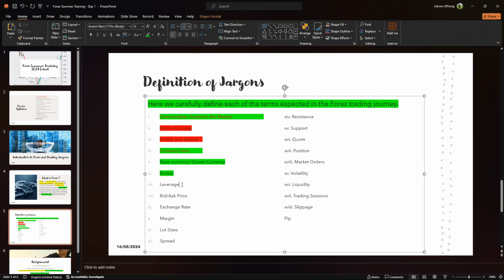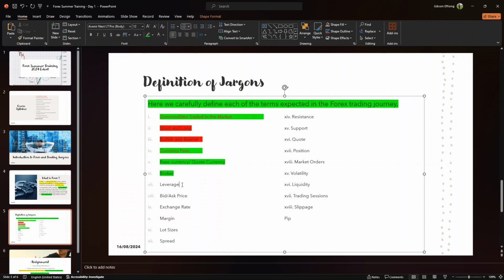These opportunities in forex terms are rated in ratios. You can have a 1 to 2 leverage ratio. You can have a 1 to 50. You can have a 1 to 100. I'll explain the calculation.